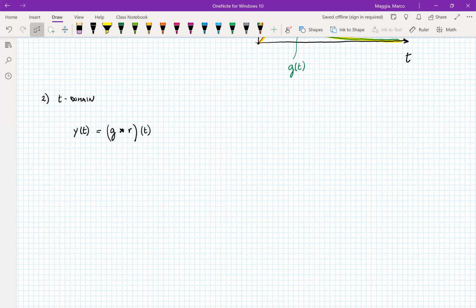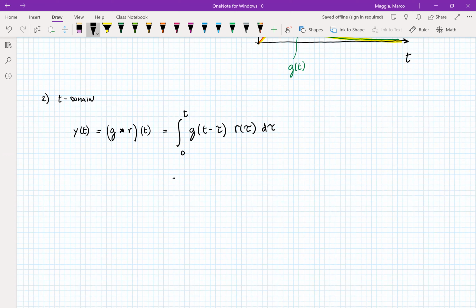Now, as I said, in the time domain, I'll give you a hint. What you need to do is solve the convolution integral. So the integral between 0 and t of g evaluated at t minus tau, and r of tau d tau.